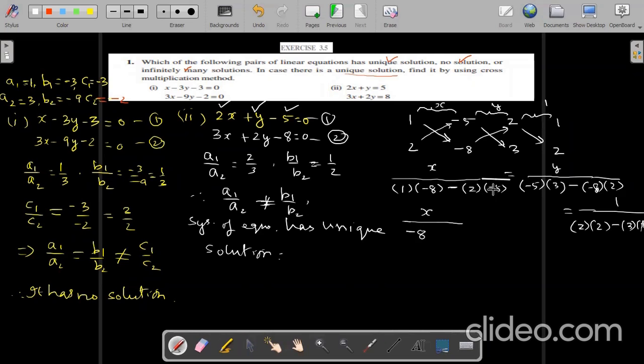Now you check, this is minus and this is also minus, so minus minus will become plus.